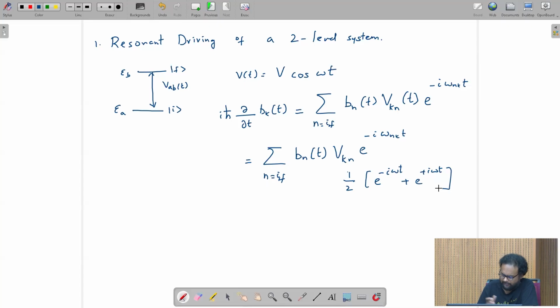I mean, it's nice to have this equation for a generic B_k, but we know we have only two states, I and F. So I should be able to explicitly write out the equations for B_F and B_I, right? Because that's what we are interested in. Let's do that.